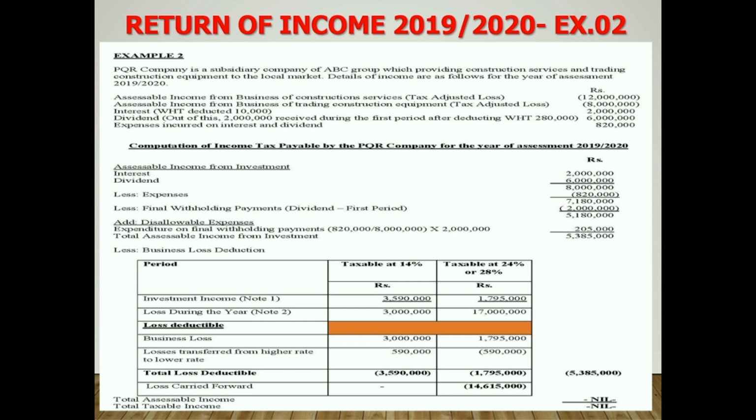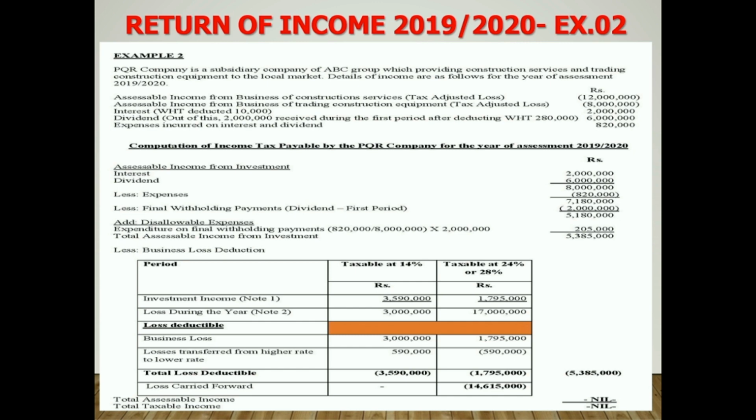It says out of this dividend, 2 million was received during the first period. That means the actual dividend during the first period, or the final withholding payment amount, is rupees 2 million. The balance 4 million forms part of the assessable income.